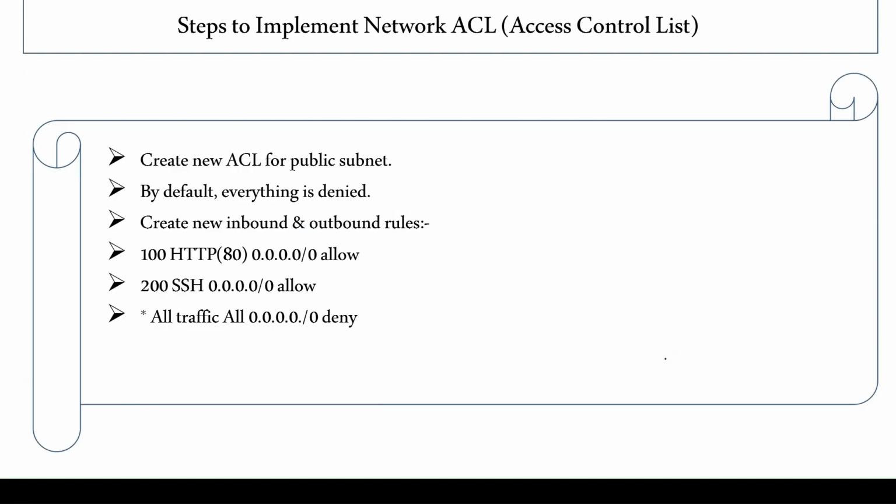So to implement the network ACL, access control list, we have to create an ACL for the public subnet. Right now the default ACL is there, but for the public subnet, by default, if we create, everything is denied, but we have to allow HTTP and SSH. So let's go and create an ACL.